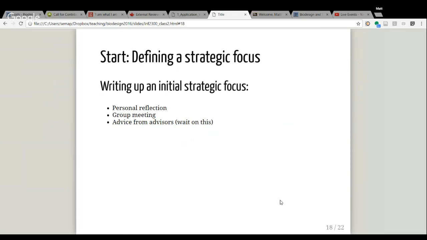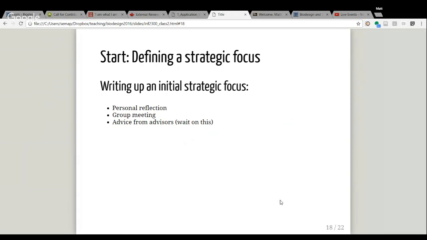Now, what I want you to do in terms of writing up an initial strategic focus is to leverage your personal reflections and group reflections, group meeting. And as the textbook describes, you should also encompass advice from advisors. But I'm going to ask you to wait on this until you have a chance to make contact with the advisors for this class.